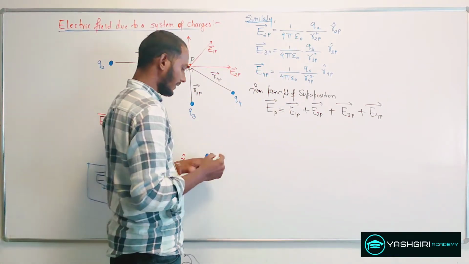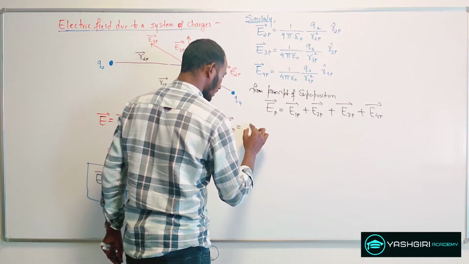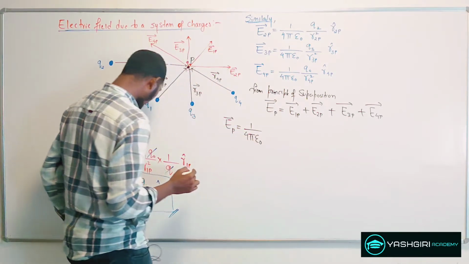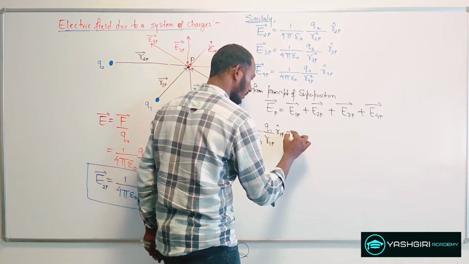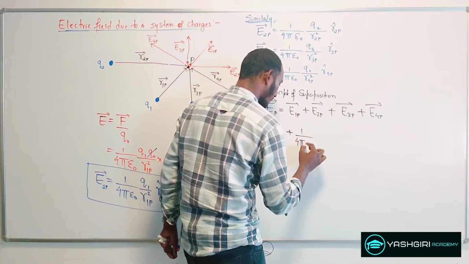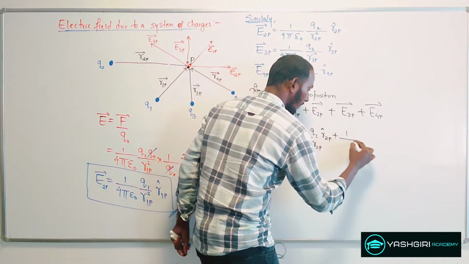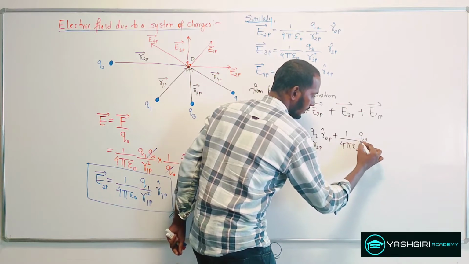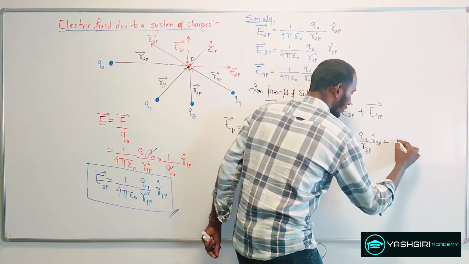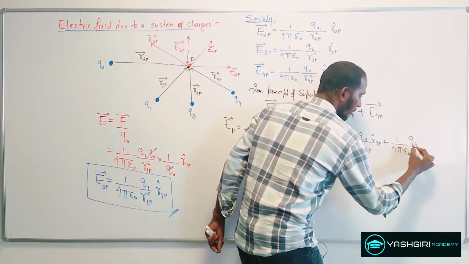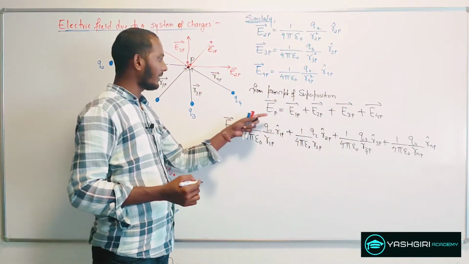And when I add this, what I get is vector EP is equal to 1 upon 4 pi epsilon naught into Q1 upon R1p into R cap of 1p, plus 1 upon 4 pi epsilon naught into Q2 upon R2p into R cap of 2p, plus 1 upon 4 pi epsilon naught Q3 upon R3p into R cap of 3p, and for the fourth charge it will be 1 upon 4 pi epsilon naught Q4 upon R4p into R cap of 4p. So that's the final answer that you will be getting for 4 charges.